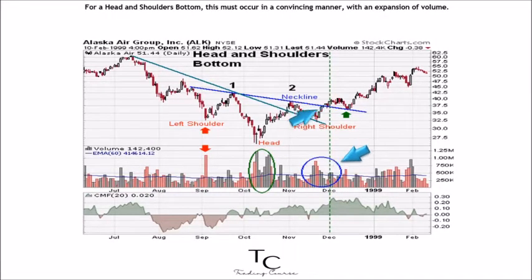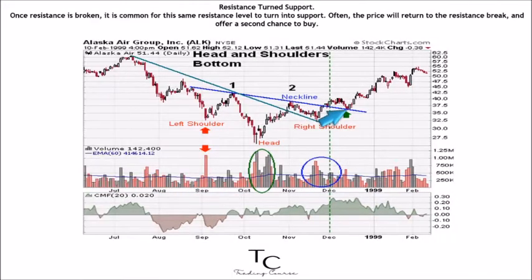For a head and shoulders bottom, this must occur in a convincing manner, with an expansion of volume. Resistance turns support. Once resistance is broken, it is common for this same resistance level to turn into support. Often, the price will return to the resistance break and offer a second chance to buy.